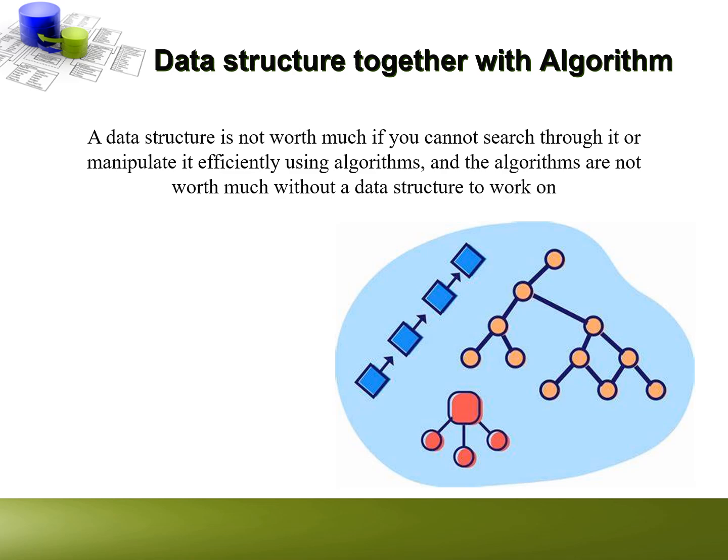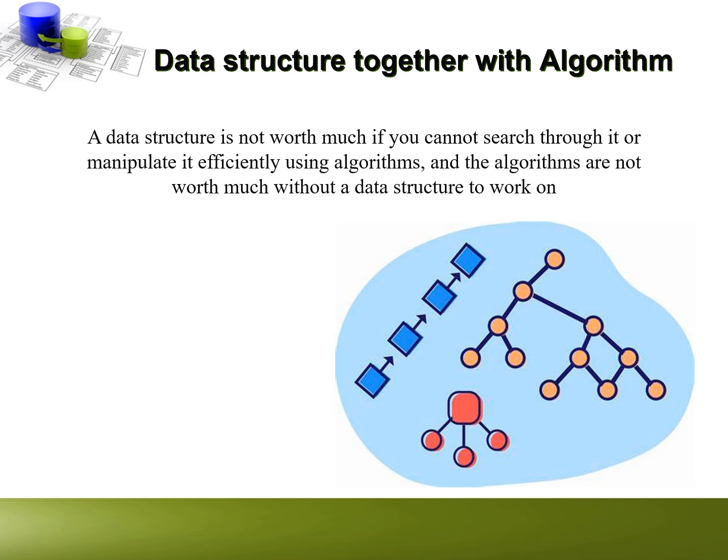Data structures are essential ingredients in creating fast and powerful algorithms. I think you can remember. Again, I will tell you. Data structures are essential ingredients in creating fast and powerful algorithms. If we have a data structure, we can create a powerful algorithm.